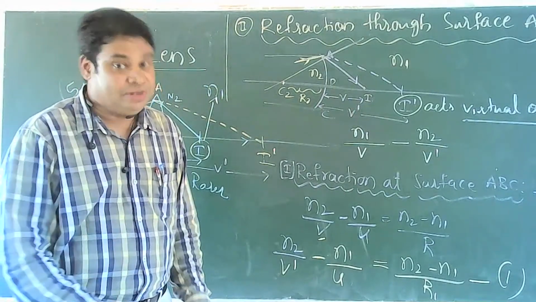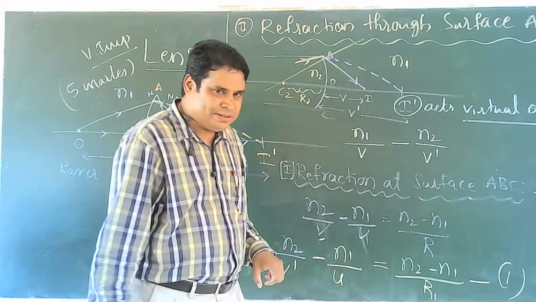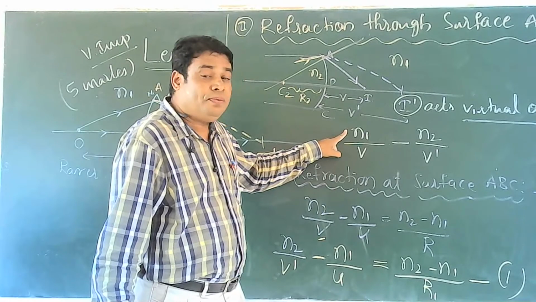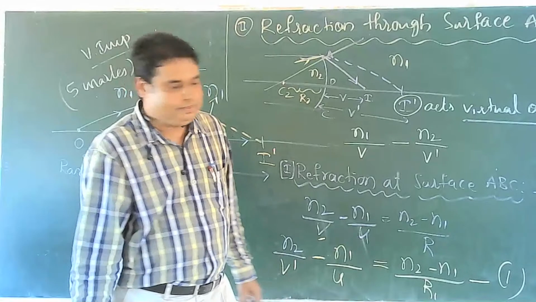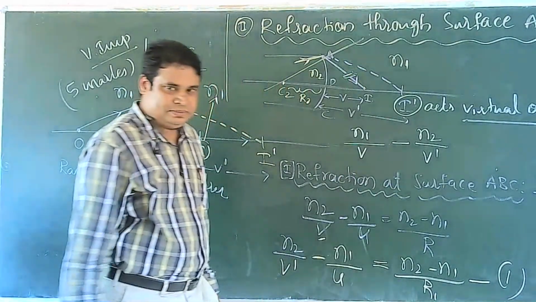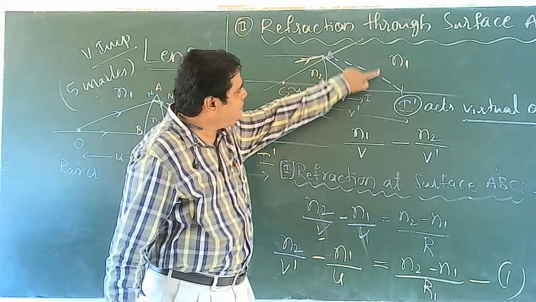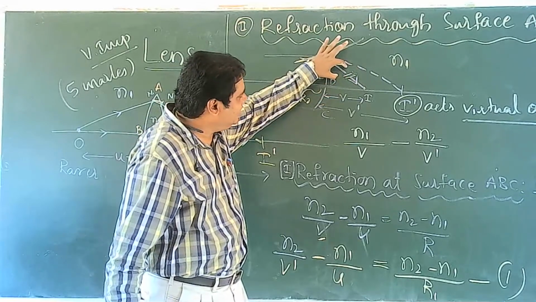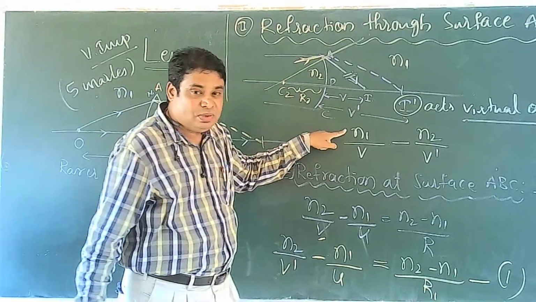Still confusion? We will go to the next explanation. We can think of this equation as the refractive index of the space where the refracted ray is present. This is the refracted ray. The refractive index of the space where the refracted ray is present is n1.